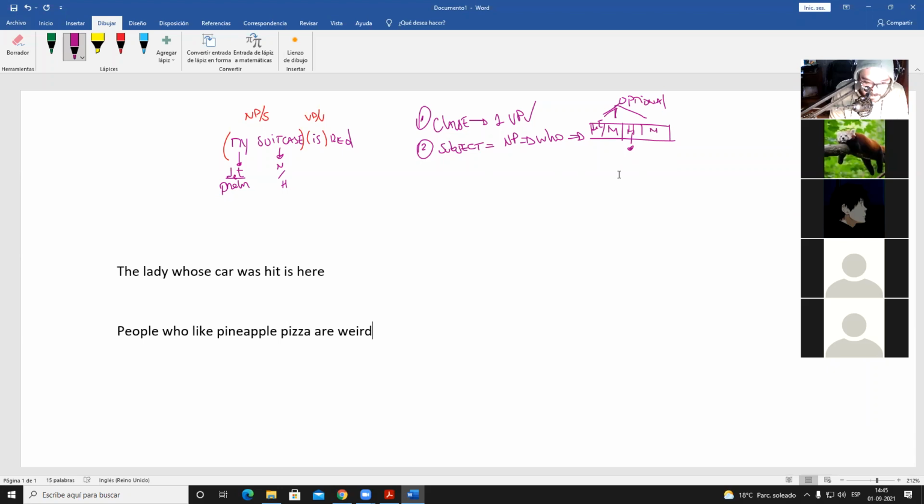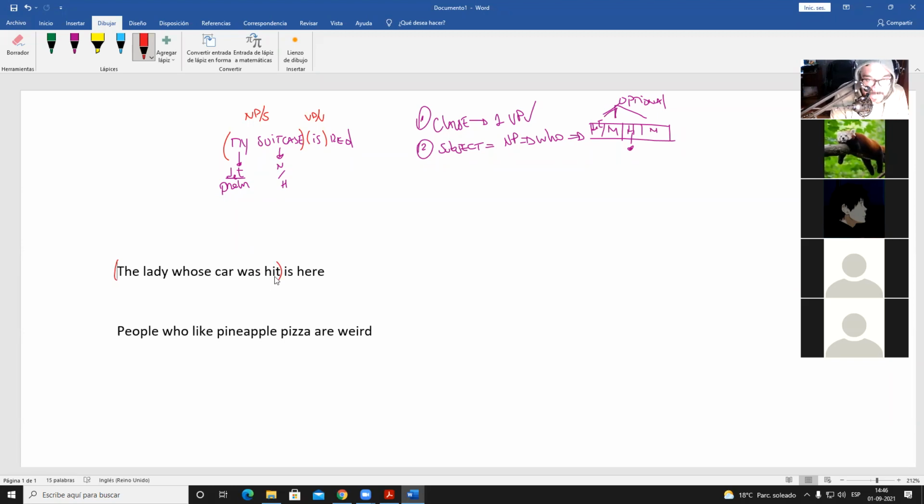Last lesson we also discussed the idea of a valency pattern. The lady whose car was hit is here is the very same as if I say she's here. With that idea in mind, what we have is a noun phrase subject, which begins in the and ends in hit.